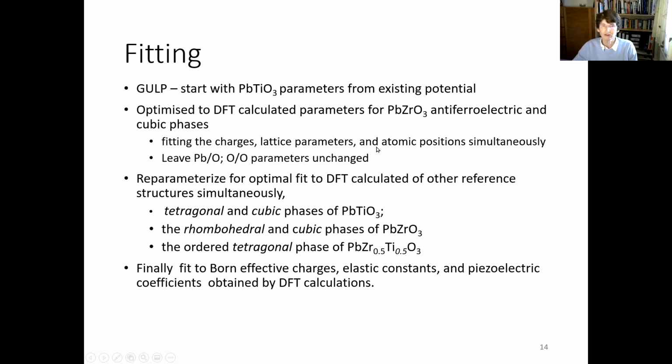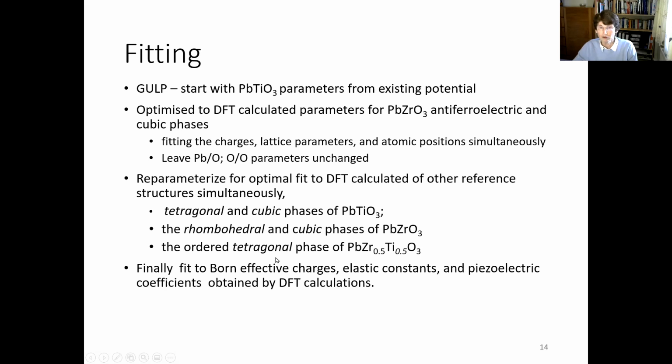Once you get a satisfactory answer for this, you have to worry about fitting to all the different crystal structures. So you modify it a little bit so it fits the tetragonal, the rhombohedral, and cubic crystal structures of all the different materials. And then the ordered phase of PZT, which is actually tetragonal.